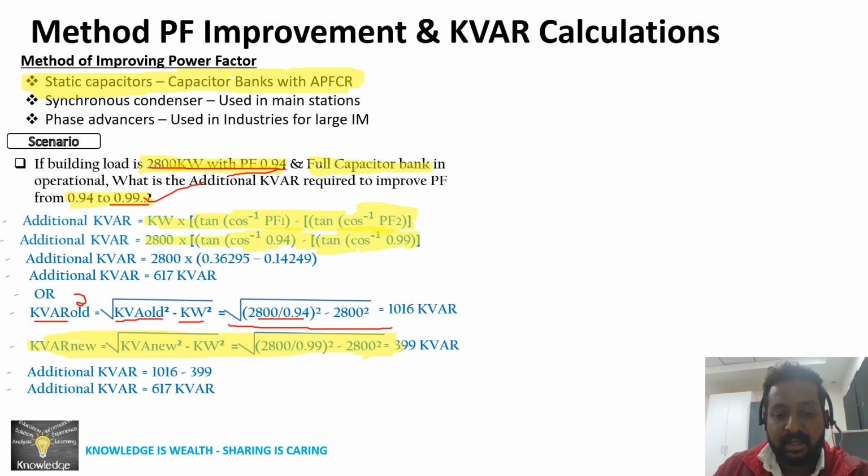In this method also we have obtained an additional kVAR requirement of 617. So these are the two distinct methods to check the additional kVAR required, for the existing capacitor bank available, to improve the power factor from one level to another.